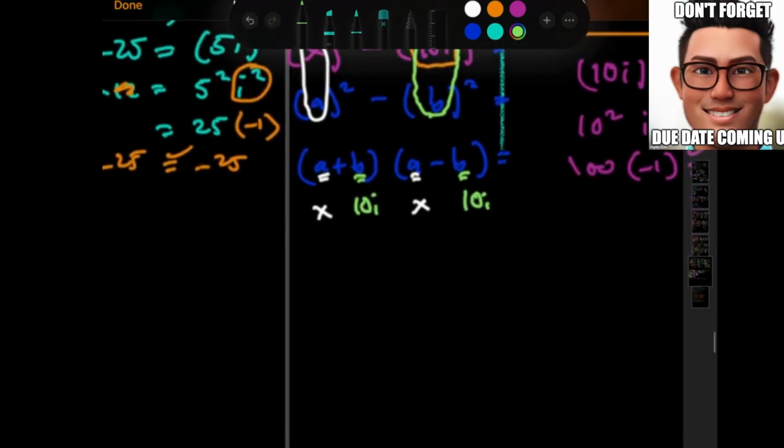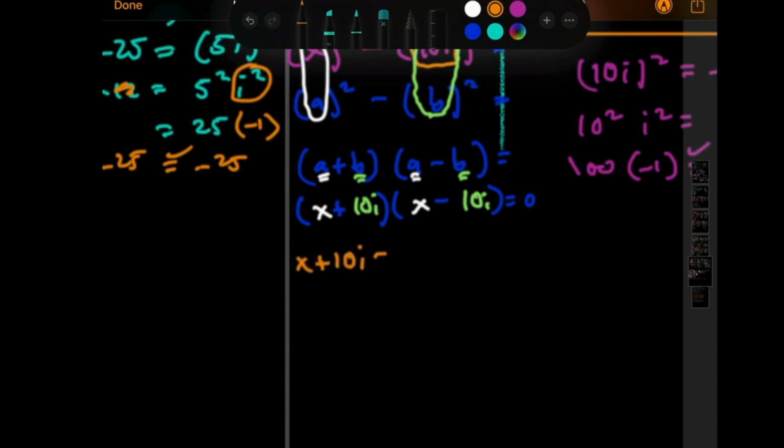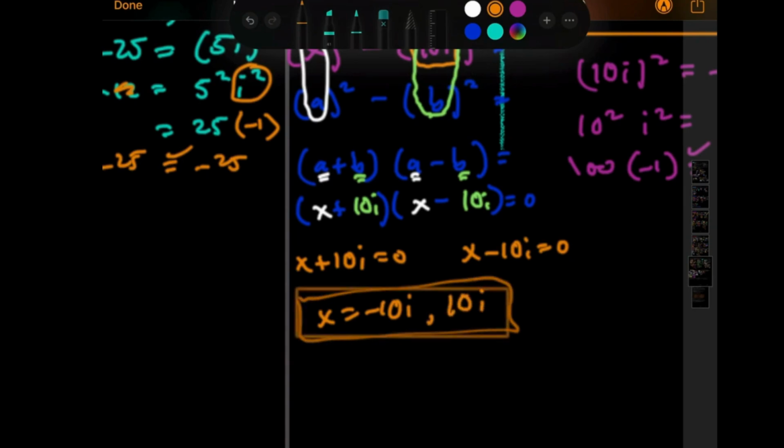Then I fill in everything else, and then we just separate and solve. Set it equal to 0. So x is equal to negative 10i and positive 10i.